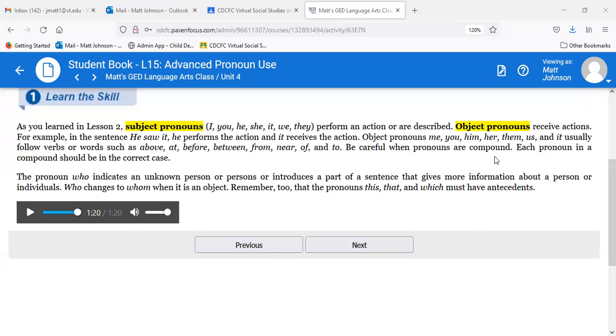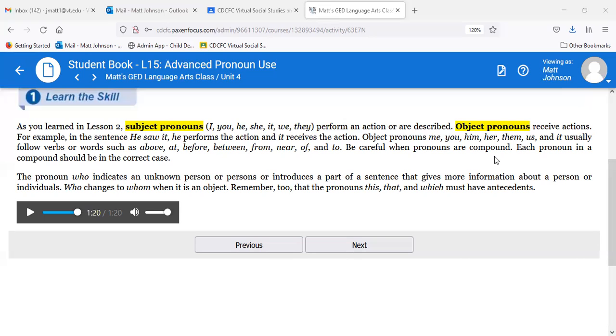Right, so subject and object pronouns, that's the big lesson here. As it states, subject pronouns: I, you, he, she, it, we, they. If you are talking about yourself as the subject of a sentence, you're going to use I. I went to the store.